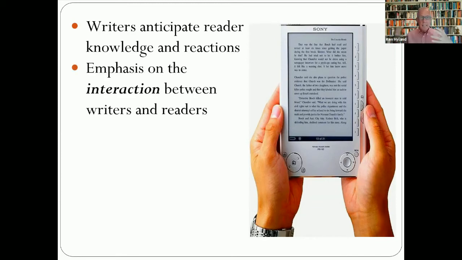So we try and draw readers in to influence them, persuade them, entertain them, inform them, using a text that sees the world in a similar way to them. And we do this by using the words, the structures, and the kinds of argument that they're likely to accept and understand. And I think ESP teachers are well aware of this.